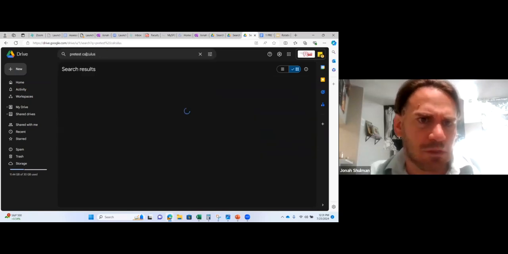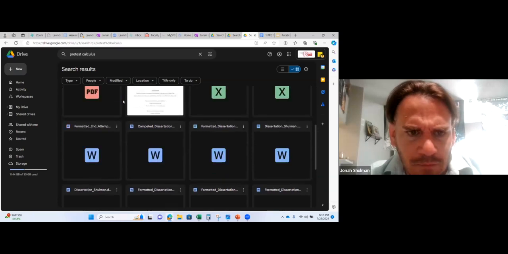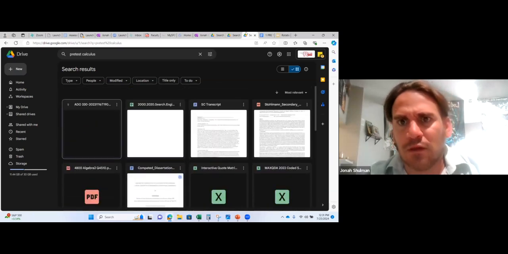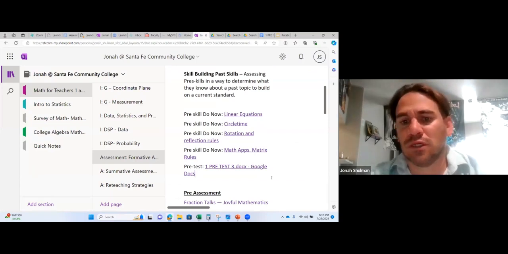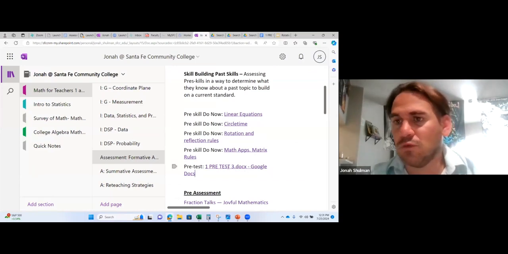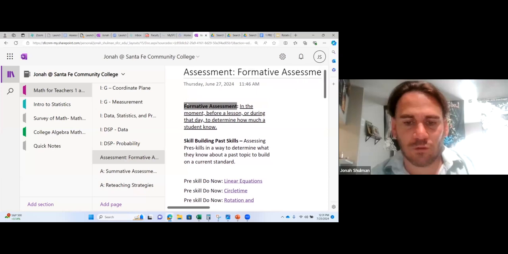Let me find the calculus one here. That's okay. I doubt a lot of you will be teaching calculus, but basically a pre-test is a good way to give them this test beforehand, then do it afterwards just to see how much they know. So again, what is a formative assessment?